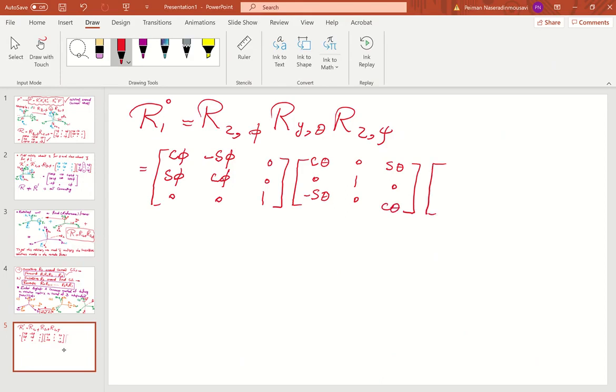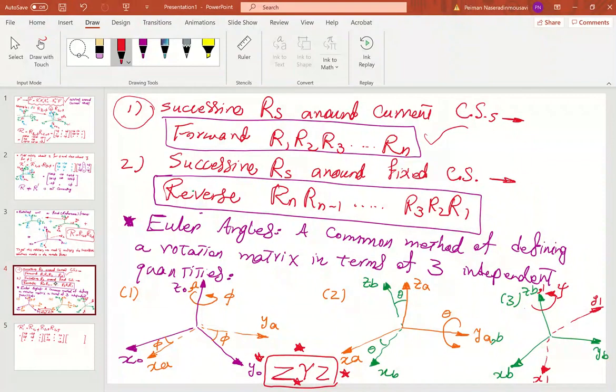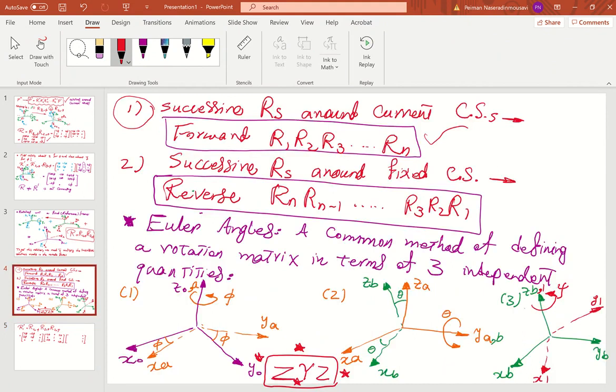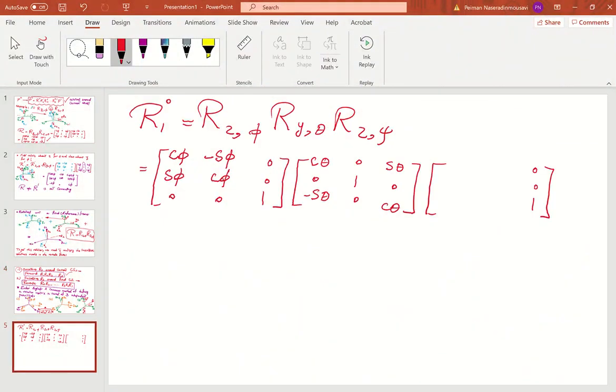And finally, the third one is obviously going to be 0, 0, 1 again, because we are rotating around the z-axis. And here it is going to be psi again: sine, cosine again. So it's going to be cosine, oops, hold on guys.